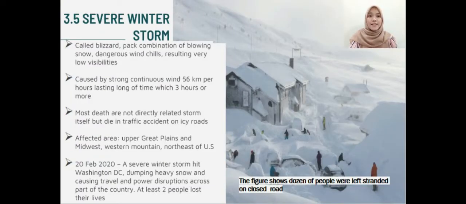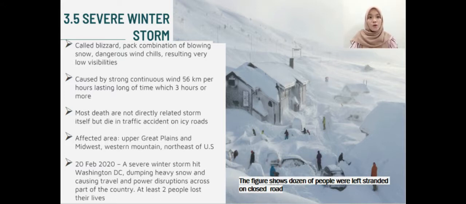Number 5 is the severe winter storm, which is caused by a strong continuous wind. A severe winter storm is also called a blizzard, which is a combination of blowing snow and dangerous wind chills, resulting in very low visibility.